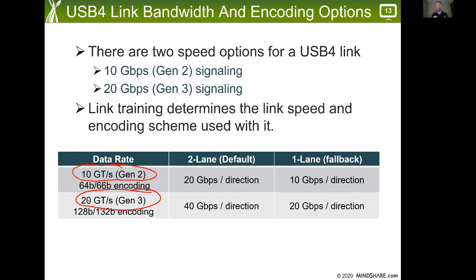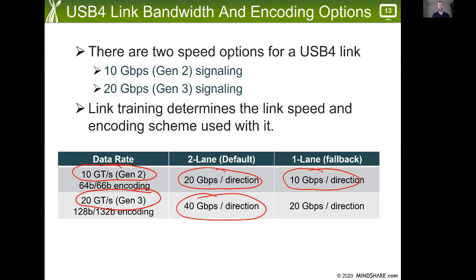So if you are at the fallback condition where you tried to train to 2 lanes, your regular link width, and something failed on one of the lanes, then the amount of data you are sending is only going to be 10 gigabits per second per direction. But where they are getting the numbers of 20 gigabits per second and 40 gigabits per second is they are including both lanes, right? So that's not the data rate, and that's often misunderstood. So keep that in mind. The data rates are still going to be 10 gigabits per second and 20 gigabits per second, okay? Gen 2 and Gen 3 signaling.